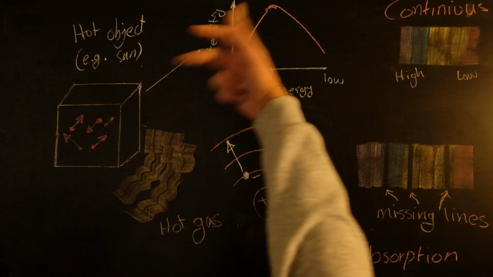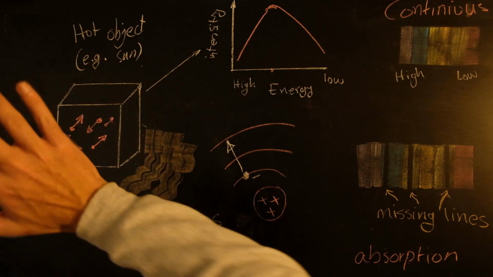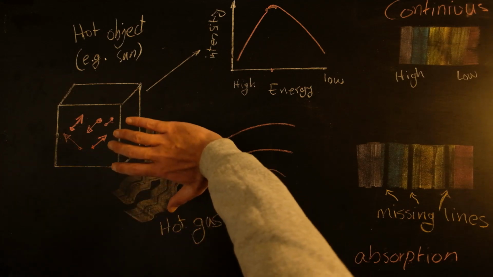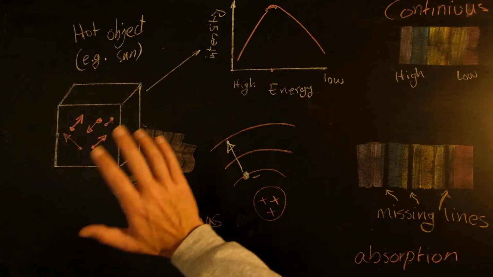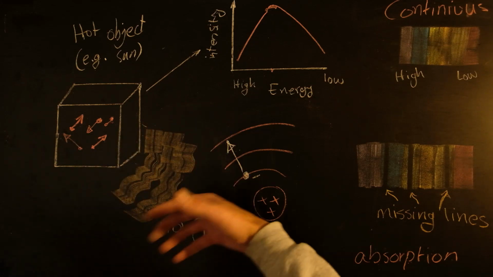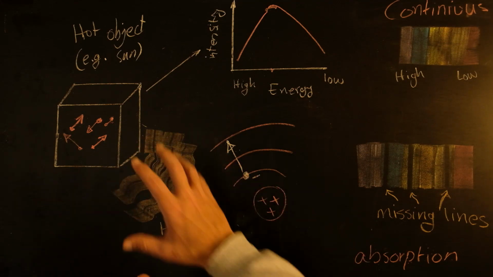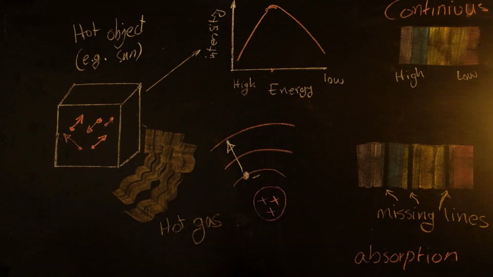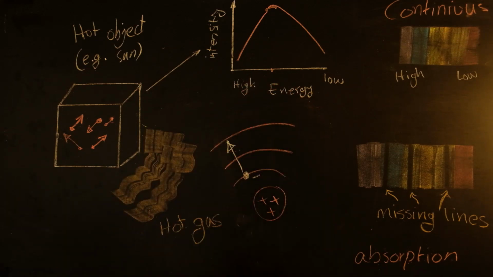So this is one configuration. Another configuration is, let's say we have this hot object at the center, but there's cooler cloud surrounding this object. This is still hot gas, but it's not as hot as the core. What happens in this case, we have atoms moving around, and for atoms, you remember we have atomic structure. There is a core, electrons are orbiting around the core.